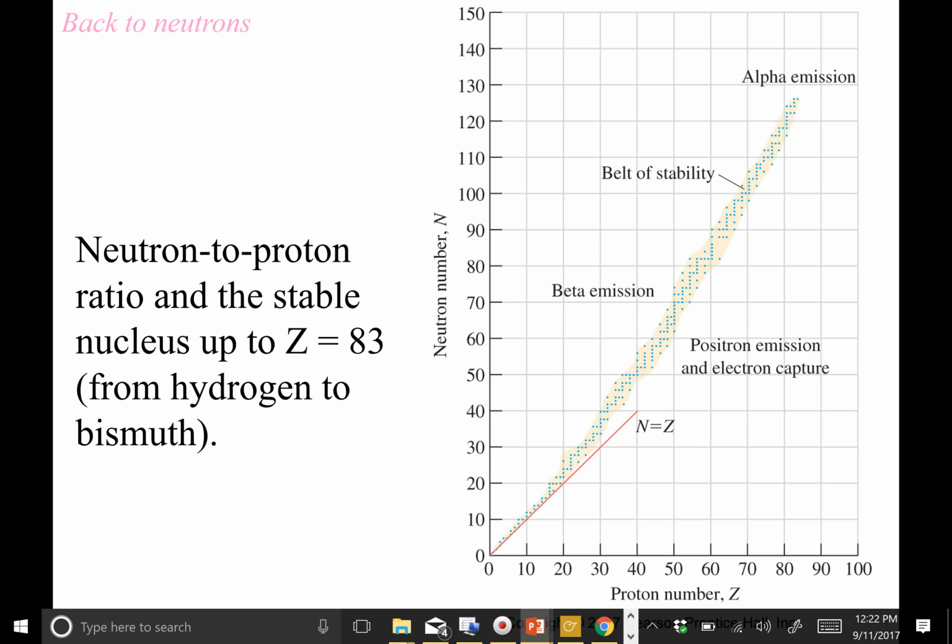Remember I said a minute ago, if you're going to try to turn chromium into silver, okay, you've got to mess with your protons, but you also have to mess with your neutrons. What this is showing you is that there's a band of stability, and outside the band of stability would be instability. Protons, that's the type of element. We could go along here, and uranium's up here at 92.